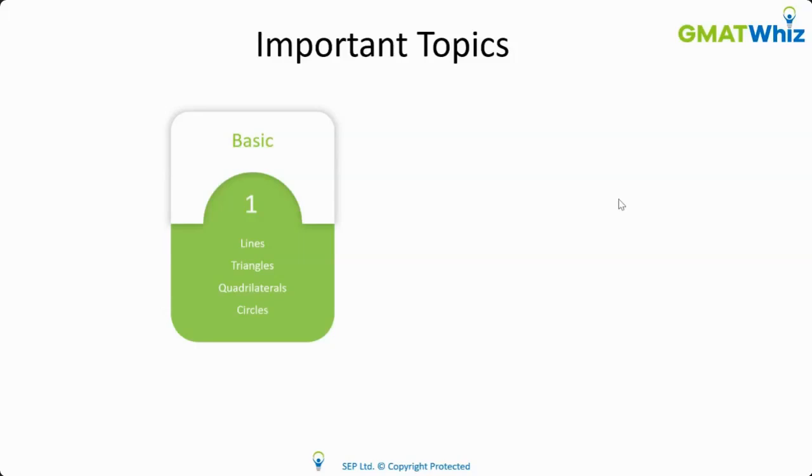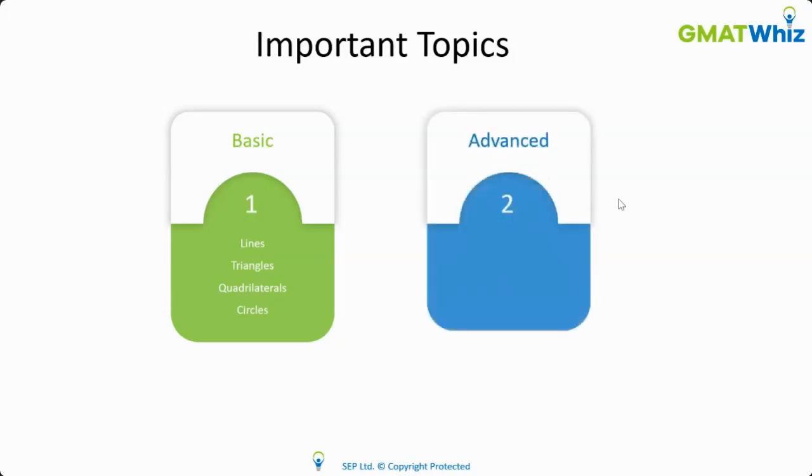After that, there are certain things where you need to focus more. If you notice, I've written a mix of all topics. What I mean is that in the GMAT, you'll see a lot of questions which are a combination of, say, triangles and quadrilaterals, or quadrilaterals and circles, maybe lines and angles and triangles.